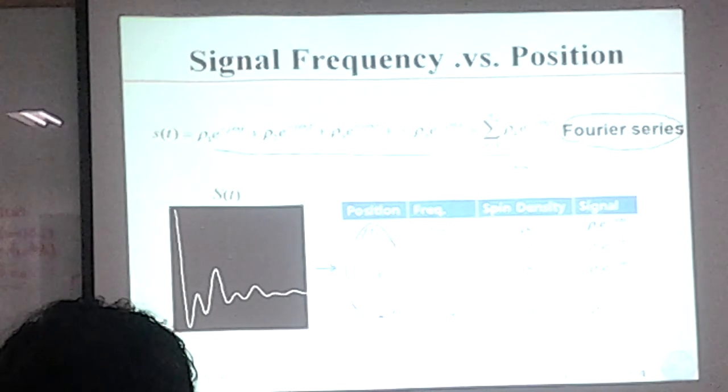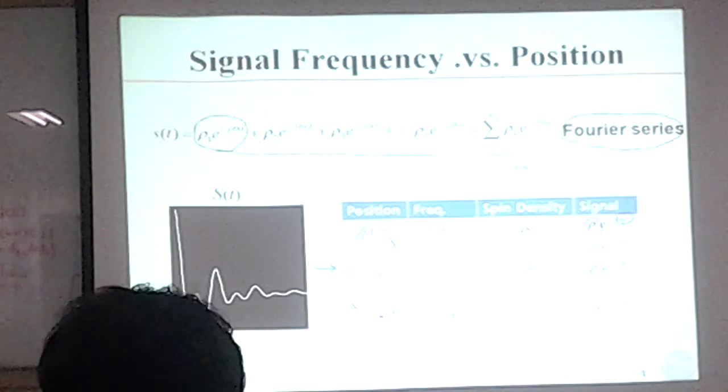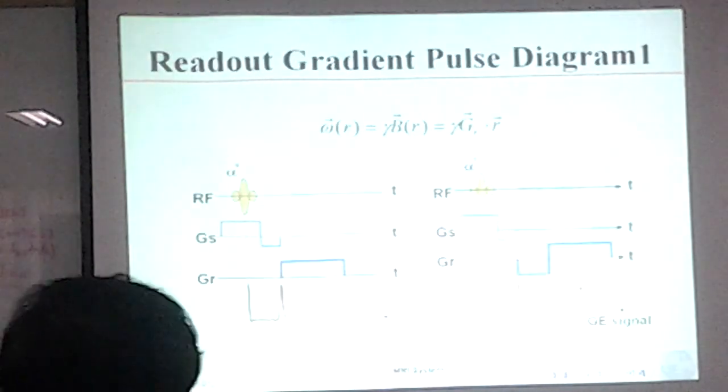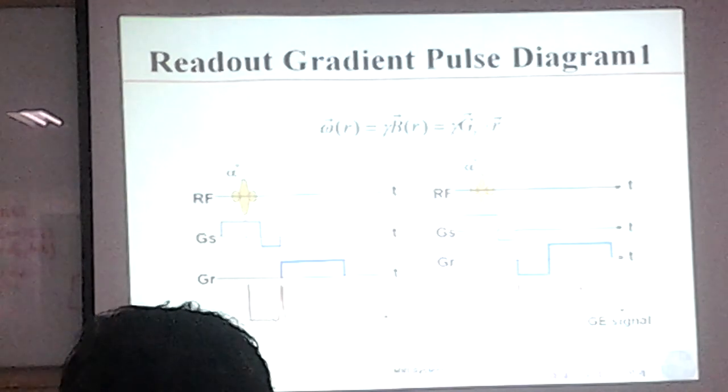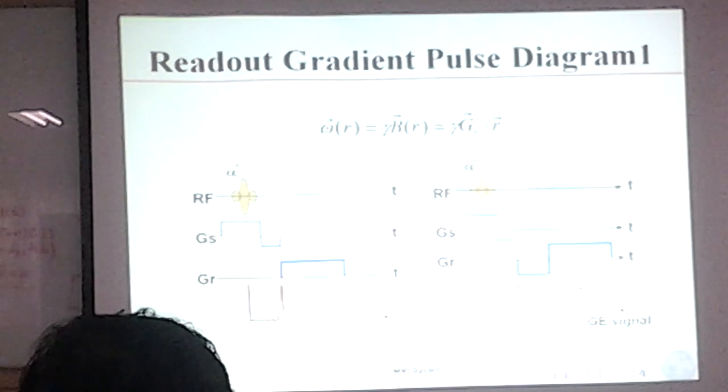So the signal has the signal intensity and the phase, right? That's why this equation looks like this. Okay, so we can get the spatial information using the gradient.